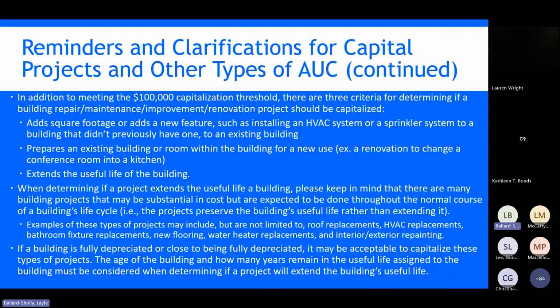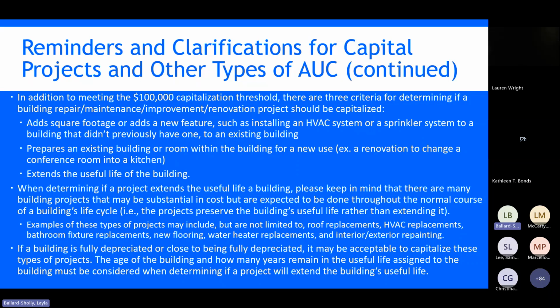If you have a building that is fully depreciated or close to being fully depreciated, it might be acceptable to capitalize these types of projects. So really with any project, you should be figuring out what asset you're working on and looking at the age of the building and how many years remain in the useful life assigned to that building as you're determining if the project will extend the building's useful life.